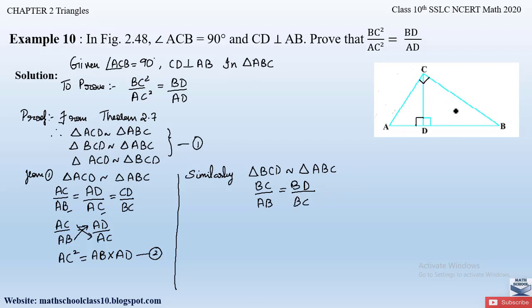Previously we took AC, here we are taking BC, and that is equal to the perpendicular in triangle BCD, CD, over the perpendicular in triangle ABC, now AC.